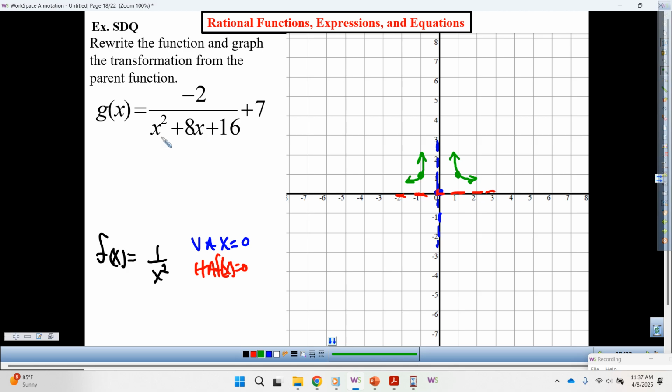Yes? All right, which means we need to factor, aren't we? Yeah? So let's rewrite this. I'm going to write g of x equals, I'm going to move the negative 2 to the front, negative 2. The positive 7 stays where it's at, and we need to factor this.